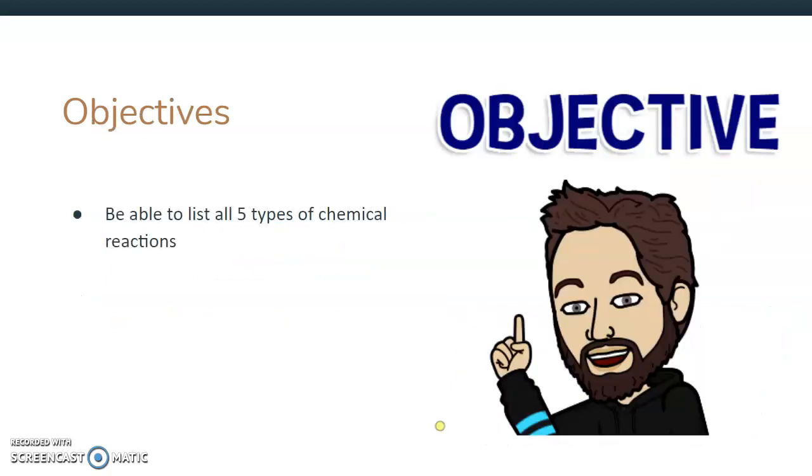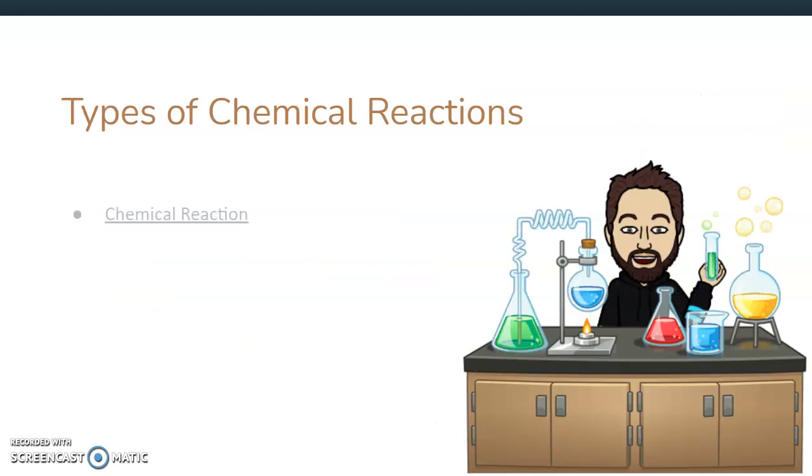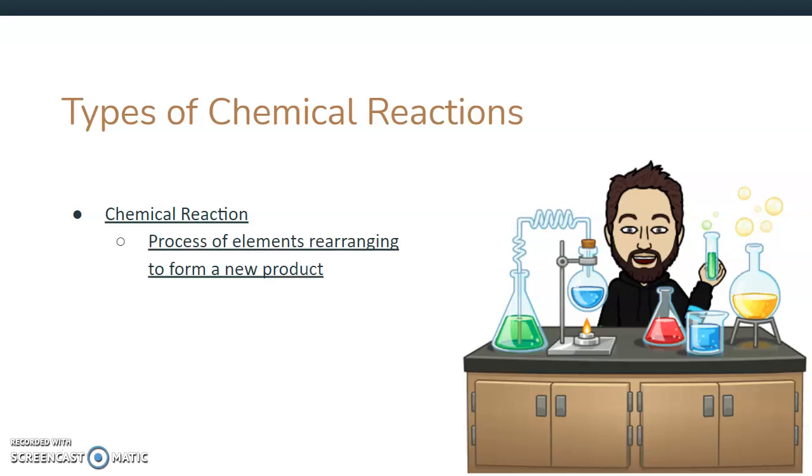Our objectives by the end of today, I hope we'll be able to list all 5 types of chemical reactions, describe each type of chemical reaction, and then classify a reaction based on a chemical formula. A chemical reaction is defined as a process of elements rearranging to form a new product.